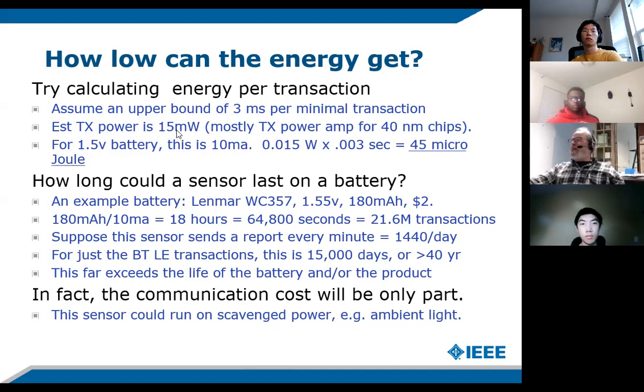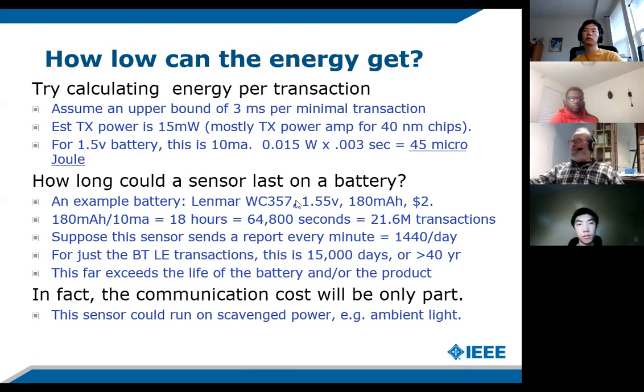Let's suppose it's actually sending out 15 whole milliwatts, which is a lot. And I did these calculations back when we were building 40 nanometer chips. Now we're building sub 10 nanometer chips. For a 1.5 volt battery, this is 10 mA. And if I take this many watts times that many seconds, I'm spending 45 microjoules per transaction.